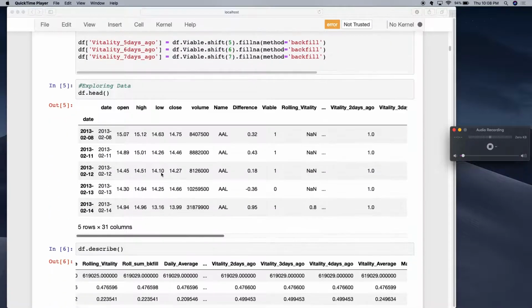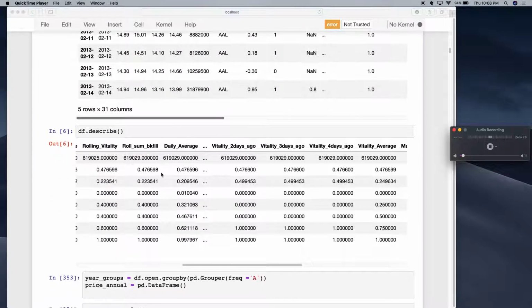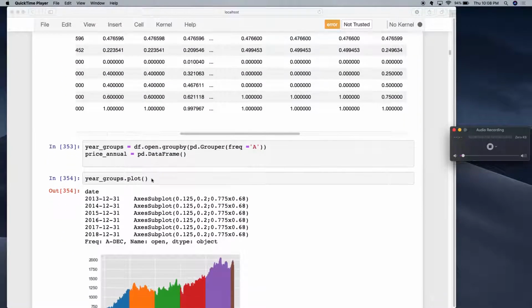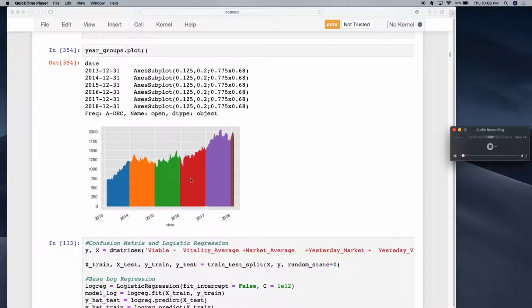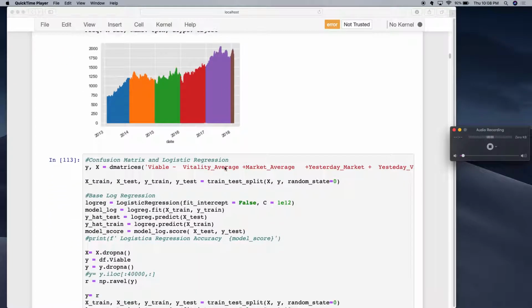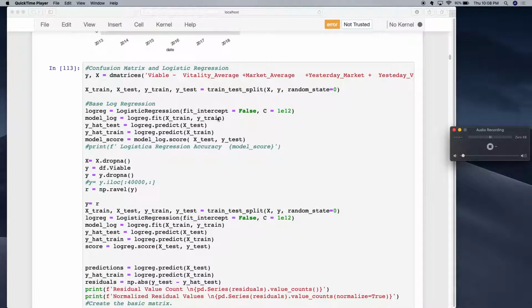There's some basic data exploration in here, some statistics. I took the open and looked at it over the whole 5 years, and you can see a nice trend upwards. The first regression I used was the logistic regression.